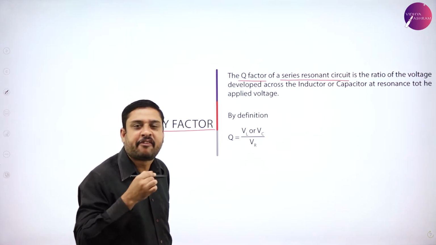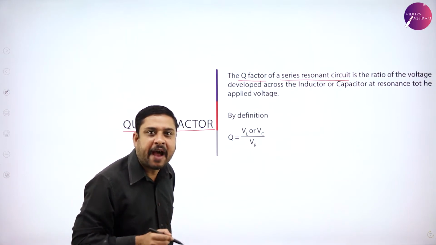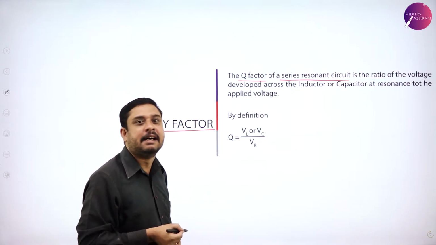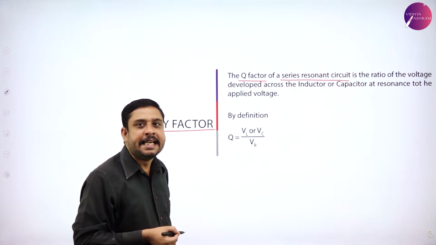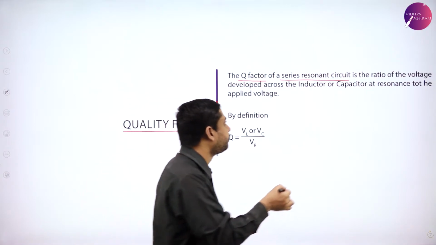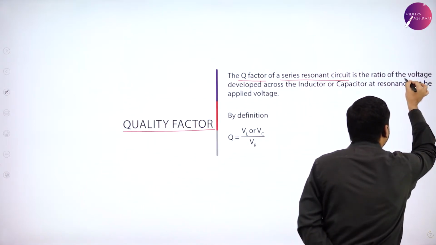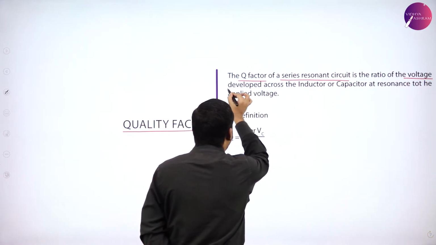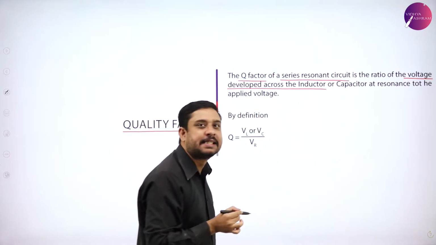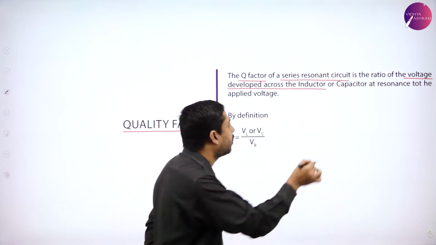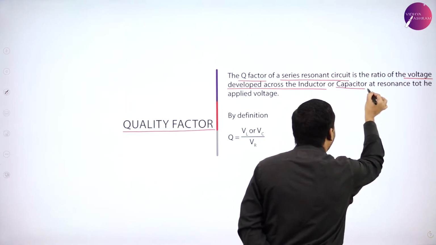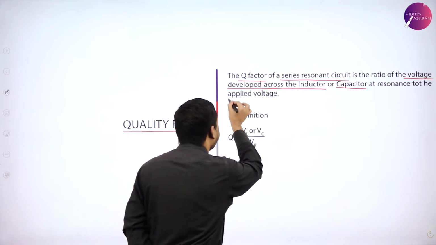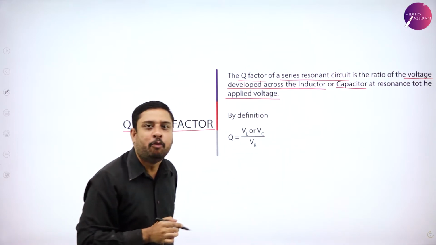I am defining the quality factor for a series resonant circuit as the ratio of the voltage developed across the inductor or capacitor at resonance to the applied voltage.